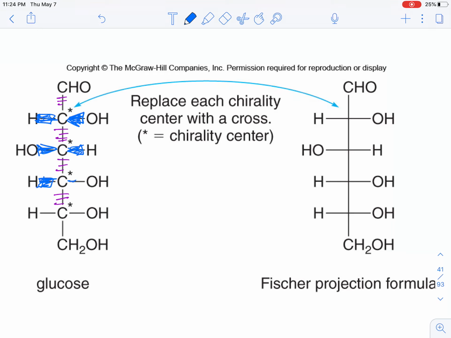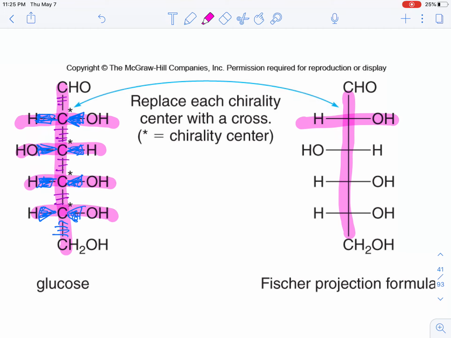So this is telling you that these hydroxyl groups and these hydrogens found on the left and right of this glucose molecule are pointing up. They're pointing towards you. And everything else is going behind. And so, once again, everything that is vertical represents this dashed line, which is what we see here. And everything that is horizontal is representing the bold lines.